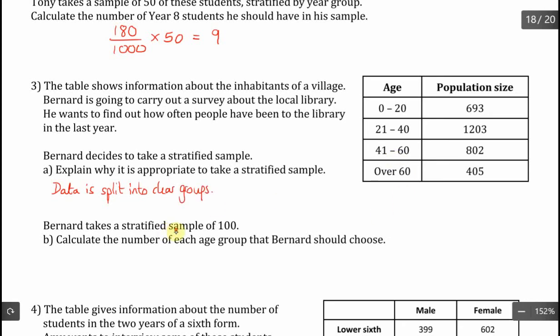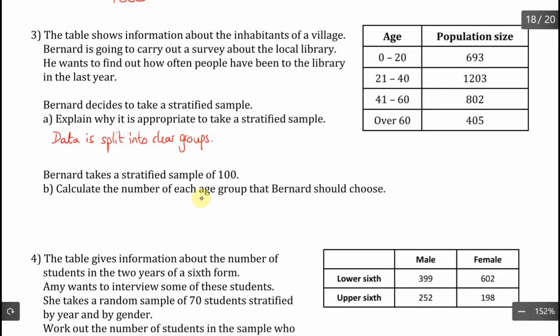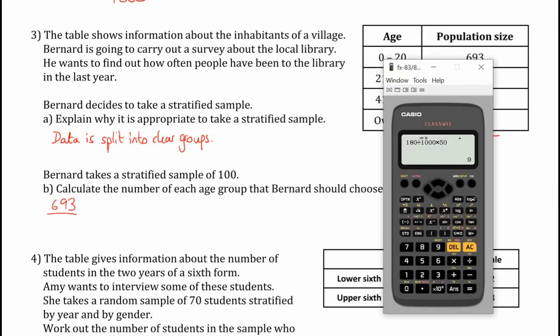Okay, he takes a stratified sample of 100. Calculate the number of each age group that Bernard should choose. I think there's been a mistake in writing out this question. Should just be about ages, I think. So the number of each age group, that means we're going to have to do this 4 times. So we're going to have to start with this first group, and the group size is 693. Now we also need the population, so we need to work out the population of his village.